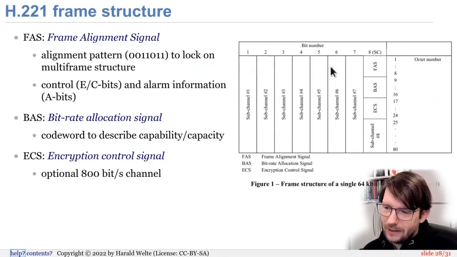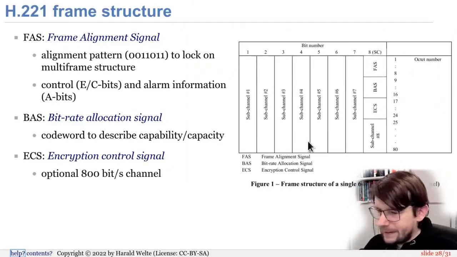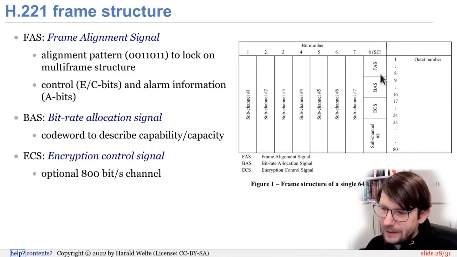So basically instead of having one 64 kilobit channel, we split into 8 kilobit channels here. So we have 7 sub-channels of 8 kilobits each, plus the 8th sub-channel is then used for framing and some related signaling. So that is what the frame format looks like.